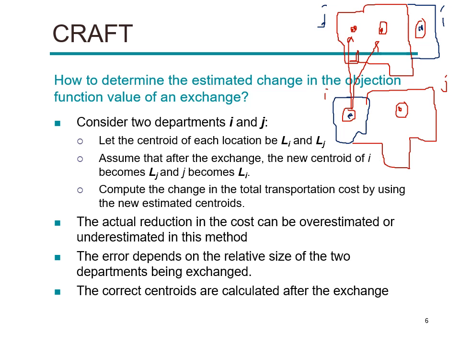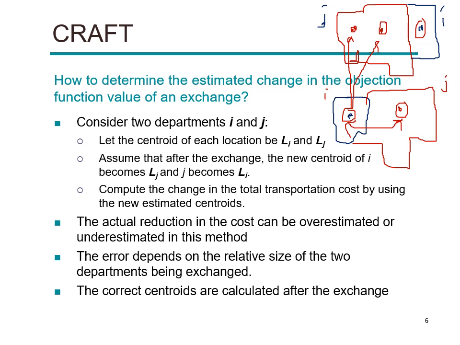So it uses the old centroids but switches them instead of using the exact centroids. So this is some kind of an estimation, and depending on how good this estimation is, the actual cost can be overestimated or underestimated.